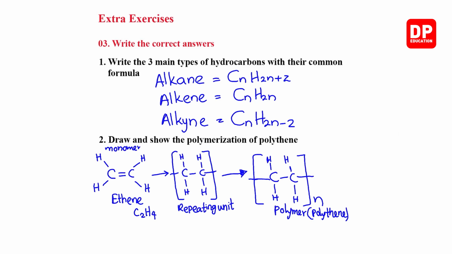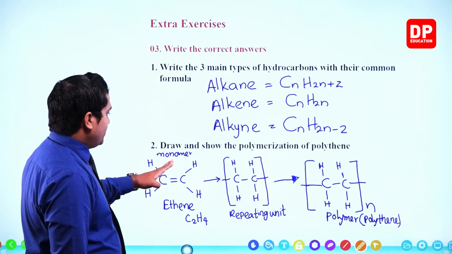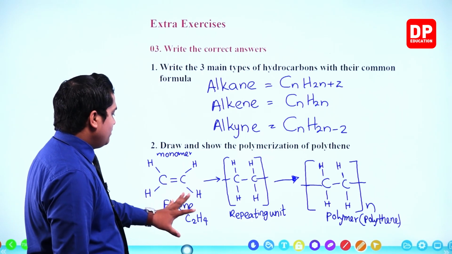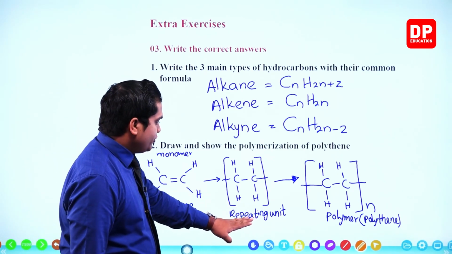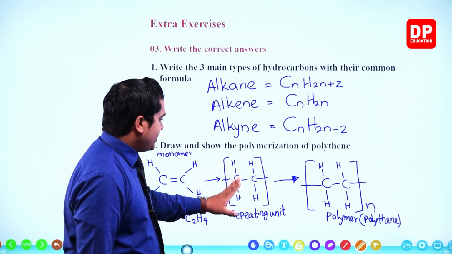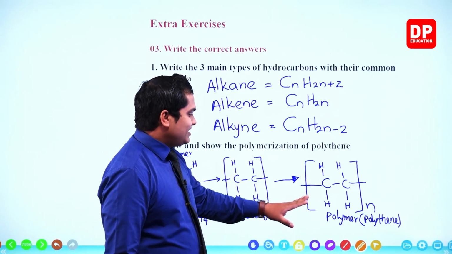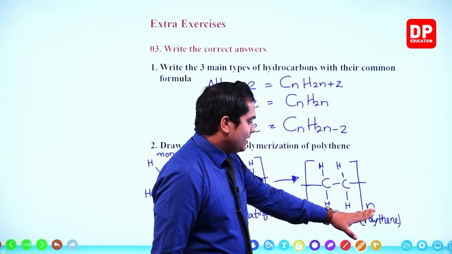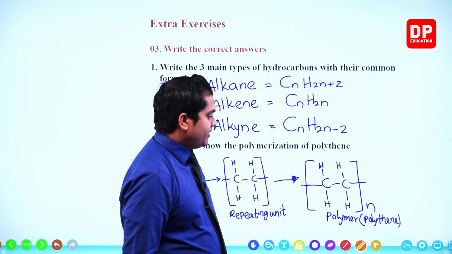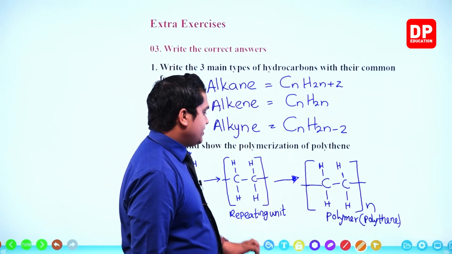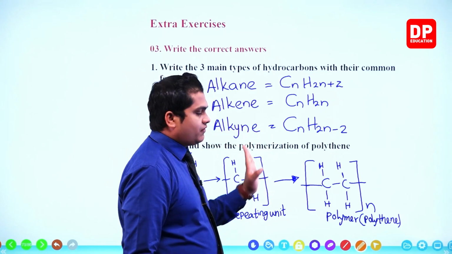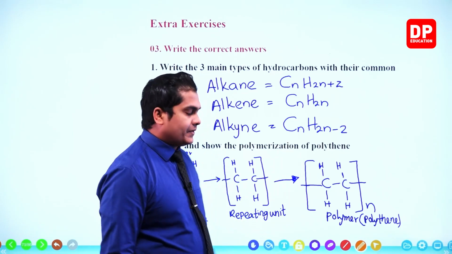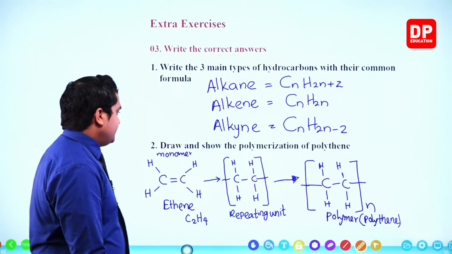So the monomer ethene molecule goes by the formula C2H4. This is the repeating unit which is created after breaking down of the double bond. This is the polymer which is polythene, created by the collection of a large number of these repeating units. Okay, right then.